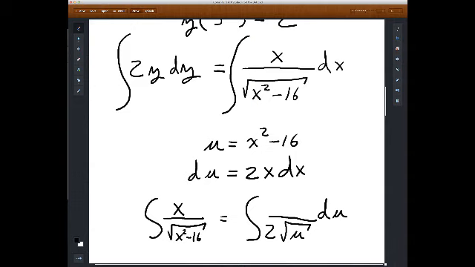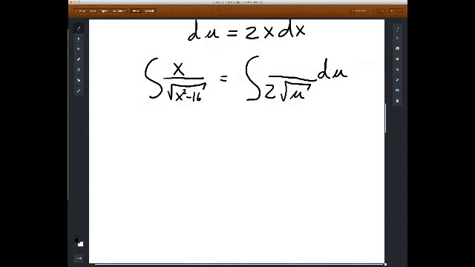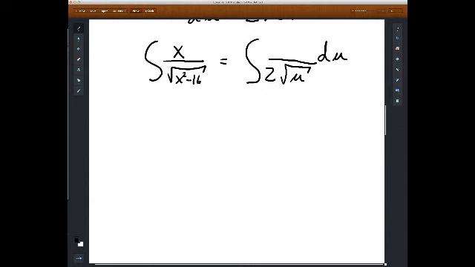Okay. And then anti-differentiating this, we see that this is equal to what? Okay, so this is actually just u to the 1/2 plus a constant. All right.